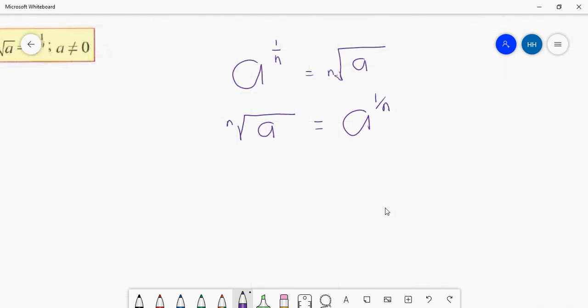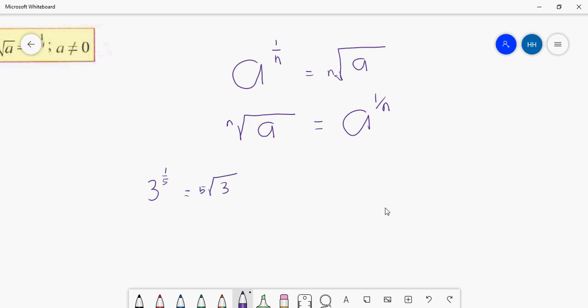Next example, last examples, just to test your understanding. When we have 3 to the power of 1 over 5, it can be written as fifth root 3.